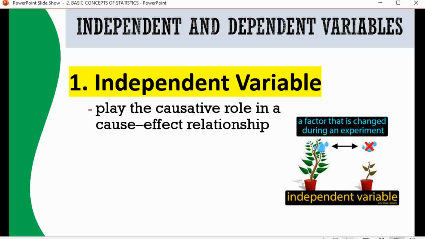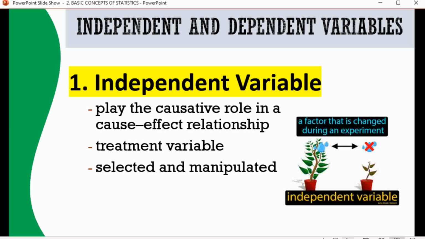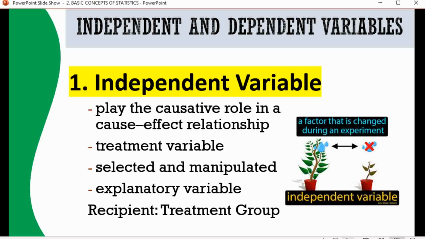That's why it has a causative role when we talk about cause and effect relationship. This is also what we mean as our treatment variable. Selected and manipulated because that's how we would like to see changes, through certain selection and manipulations. And overall, this is what we call our explanatory variable.